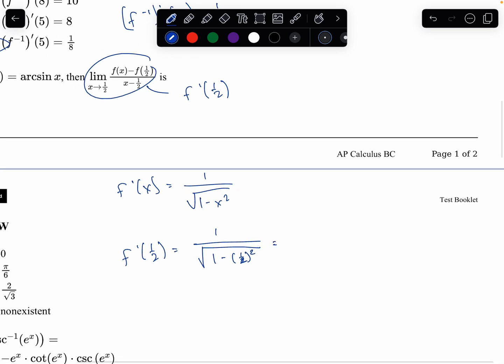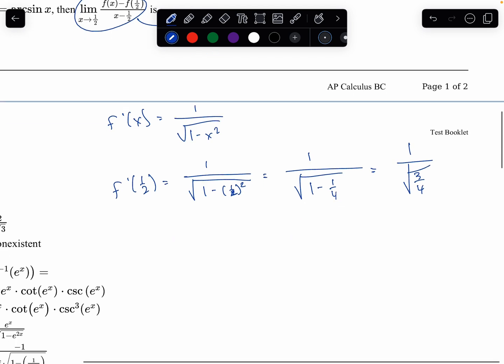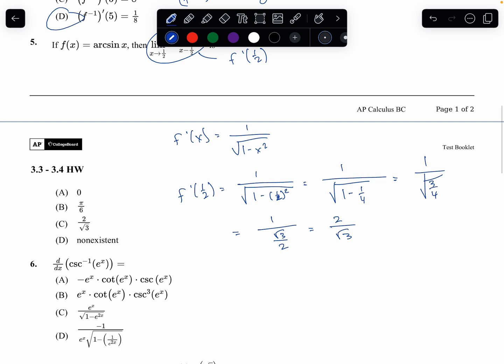That's equal to 1 over the square root of 1 minus 1/4, which is 1 over the square root of 3/4. And that's equal to 1 over root 3 over 2, which is equal to 2 over root 3. And if I look at my available options here, it's got to be C.